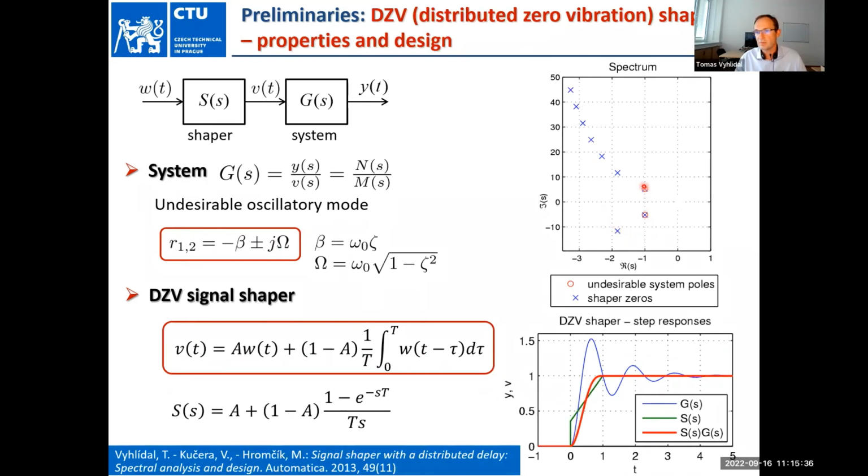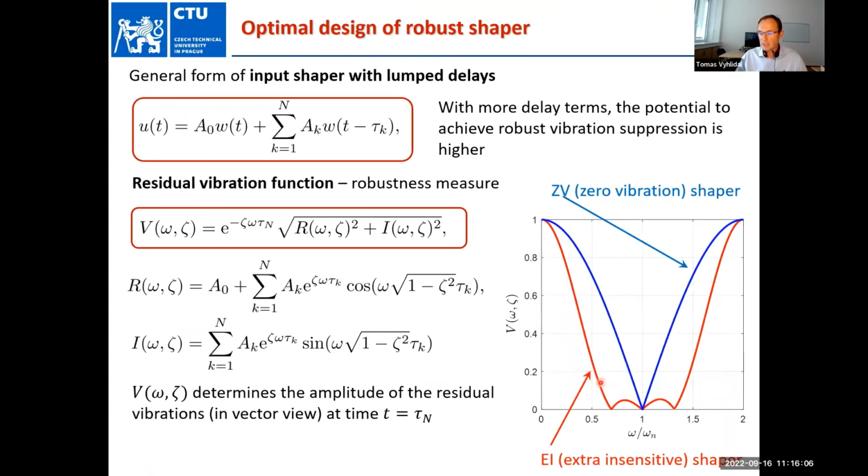So what we have done in our first work in input shaping, already a long time ago, is we substituted the lumped delay by a distributed delay. So instead of two steps, we have a step and a ramp signal. The responses are a bit smoother, but on the other hand, they are a bit longer. But it works.